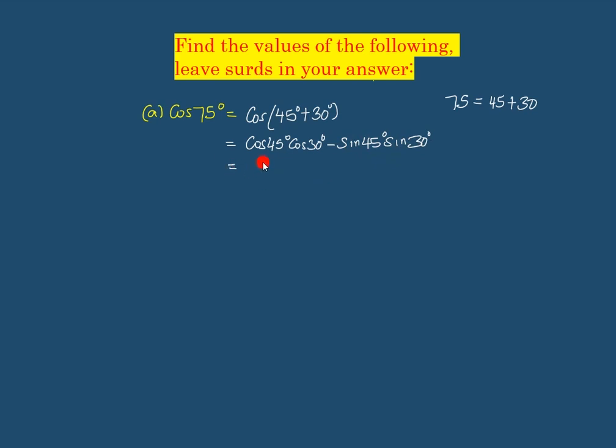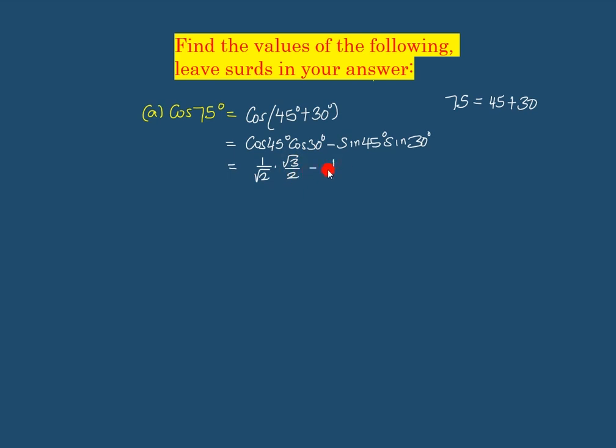The cosine of 45 degrees is 1 over root 2. That video is on this page that can tell you how to get the cosine of 45 using Pythagoras theorem. The cosine of 30 is root 3 over 2.